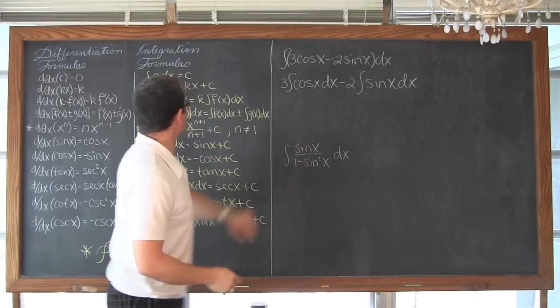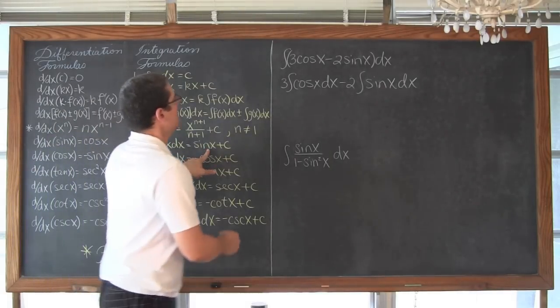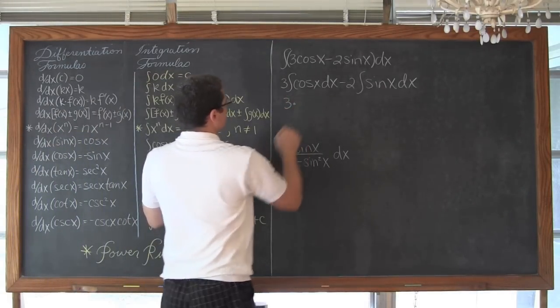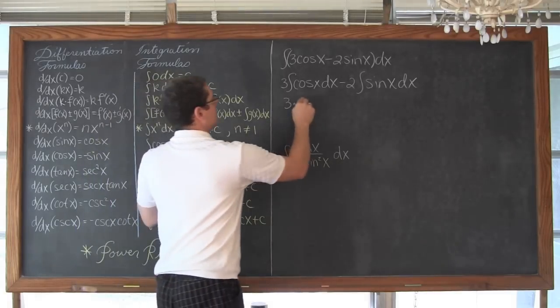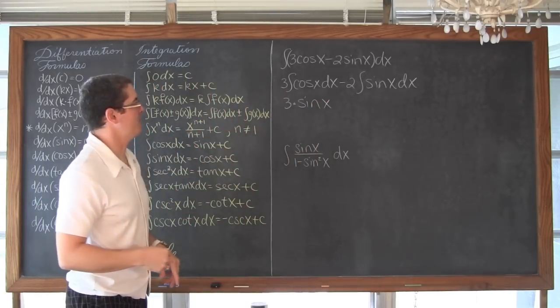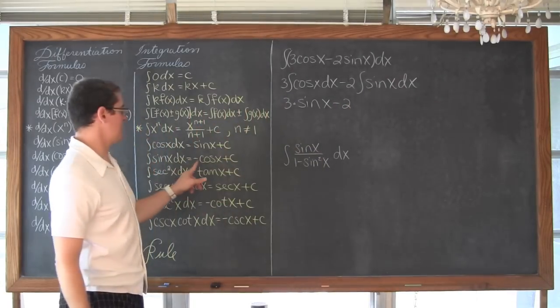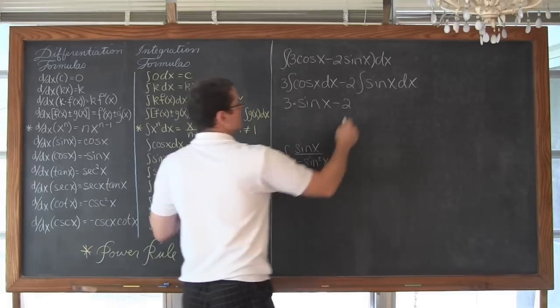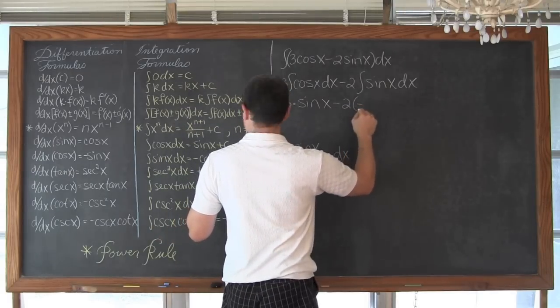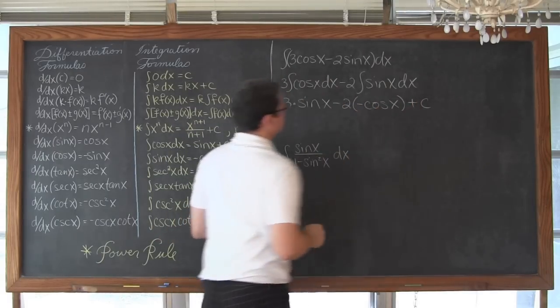So the integral of cosine of x is equal to sine x plus c. So this is going to be 3 times sine x. Because I have all these multiple terms, I'm going to leave the plus c at the end. Minus 2 times the integral of sine, which is negative cosine x. So negative 2 times negative cosine x plus c.